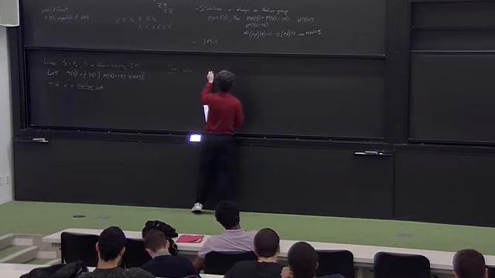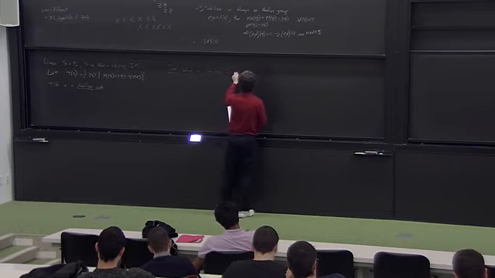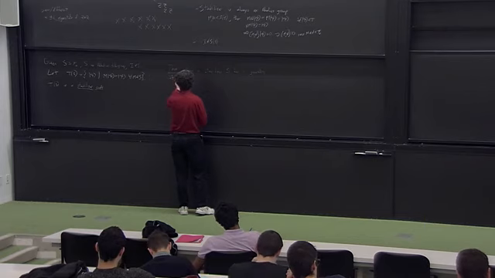So when the stabilizer has R generators, first of all, the stabilizer has 2 to the R elements.